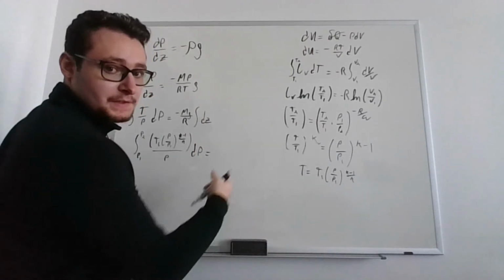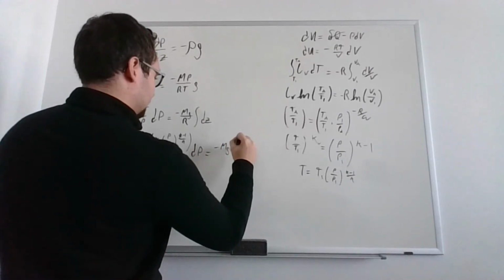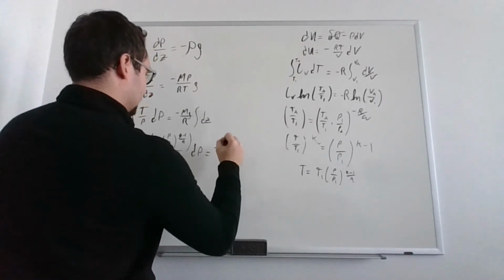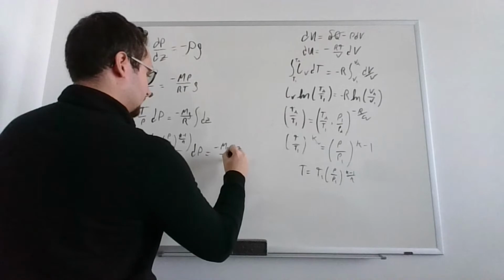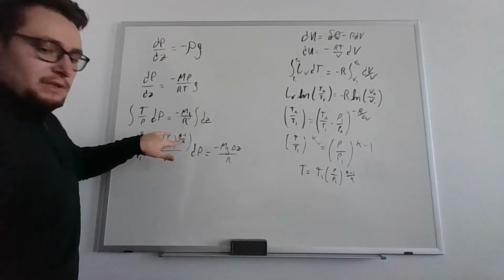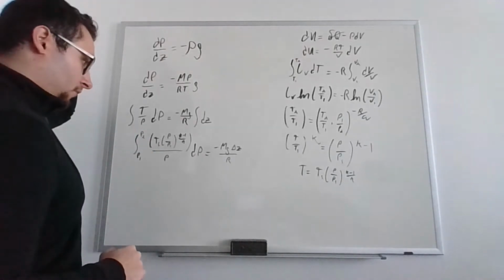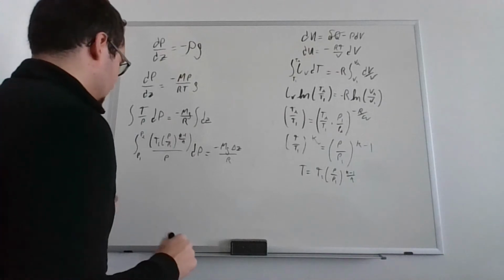Go ahead and do the integral on this side. Now this part can be pulled out pretty easily, and then we can set up the integral for the next step.